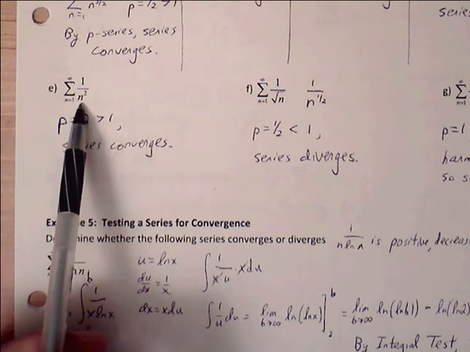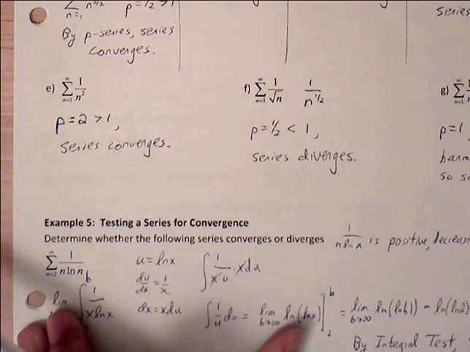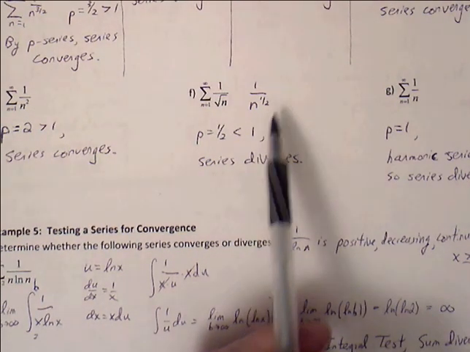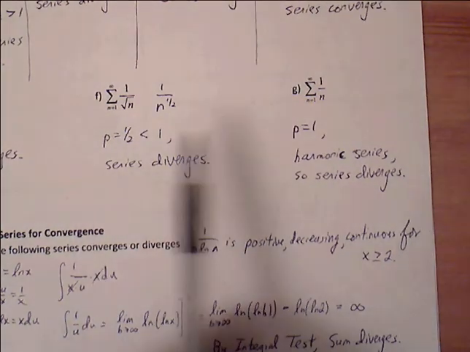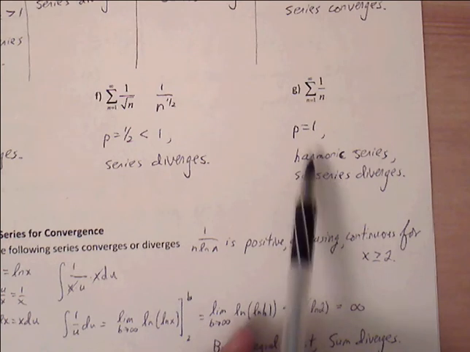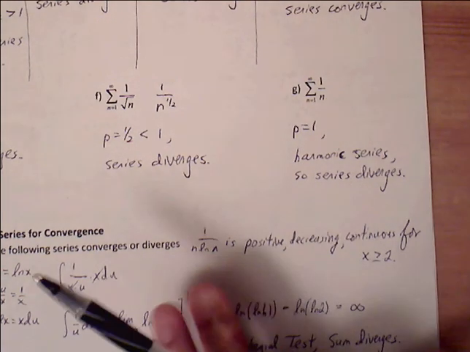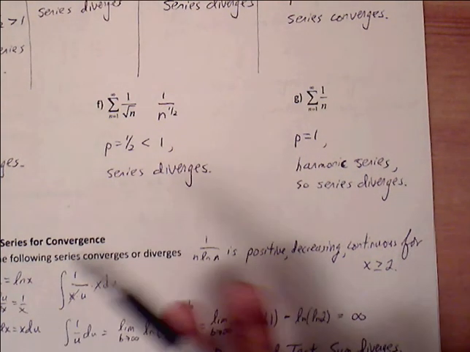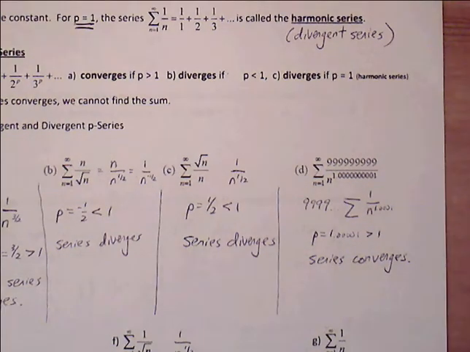The summation of 1 over n squared is easy to spot: p is equal to 2, which is greater than 1, so our series will converge. 1 over square root of n is n to the 1/2, and 1/2 is less than 1, so our series will diverge. 1 over n, p equals 1, is a special case: the harmonic series will diverge. Remember, a p-series will only converge if p is greater than 1. If it is equal to 1 or less than 1, then our sum will diverge.